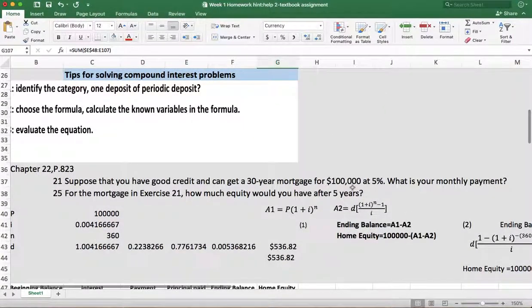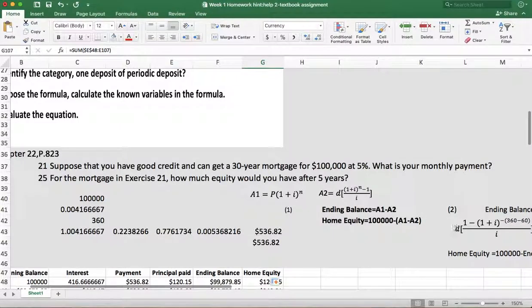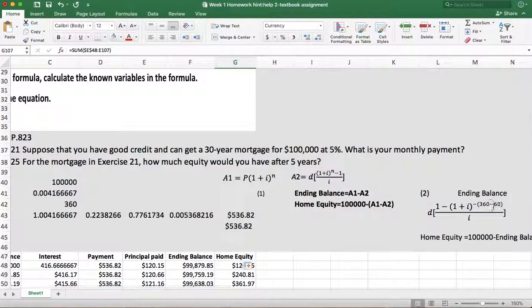But you only pay 5 years, 60 periods. So the remaining unpaid periods are your ending balance. So 360 minus 60 is the remaining payments, the unpaid periods. That is your ending balance.